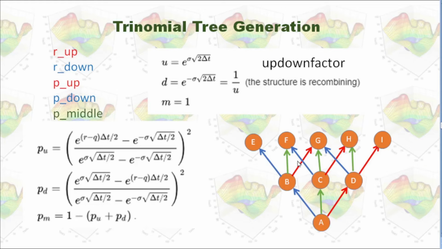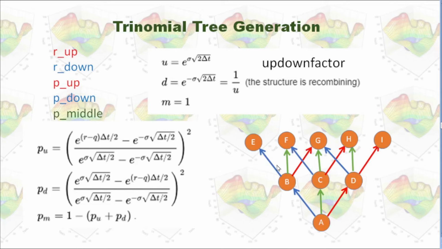So to summarize how we build the tree, you have to consider whether this data point is on the left side of the tree, or on the right side of the tree, or in the middle of the tree.